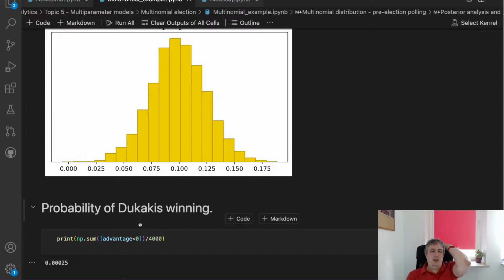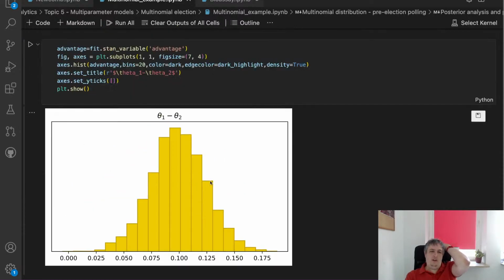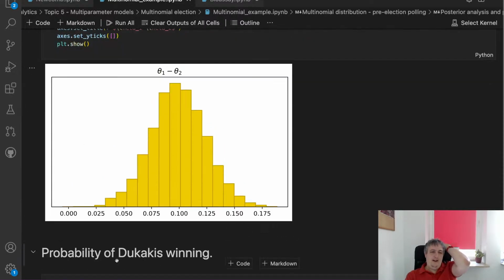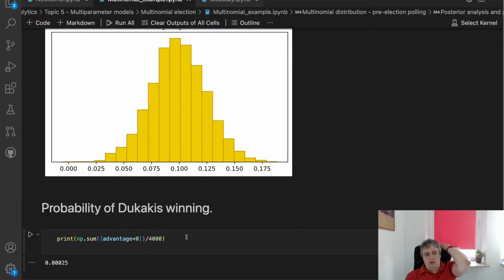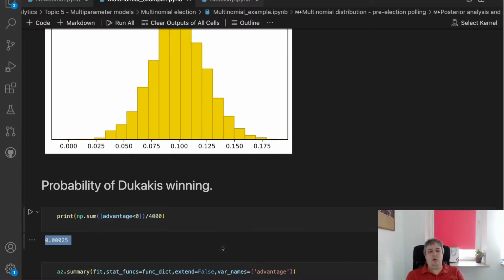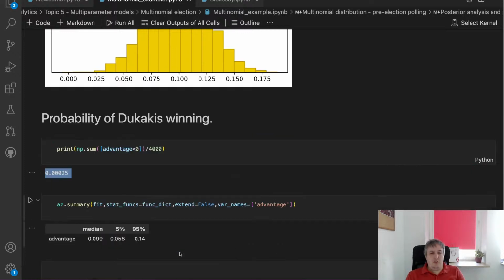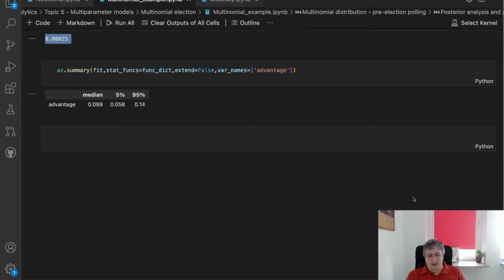So for the second candidate, we want to estimate the probability of when the advantage is smaller than 0, so when the second value is greater than the first one, and we could divide it by our number of samples, and we get a very nice result of 0.00025, which gives us virtually no chance of winning, which is consistent with the historical truth, because George Bush Sr. has won that election.